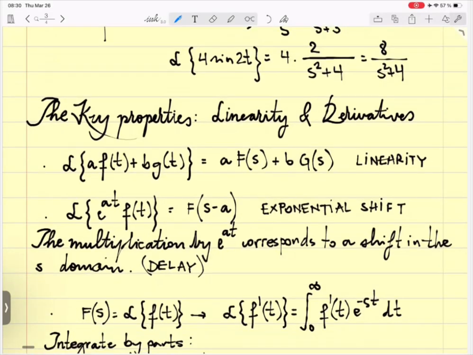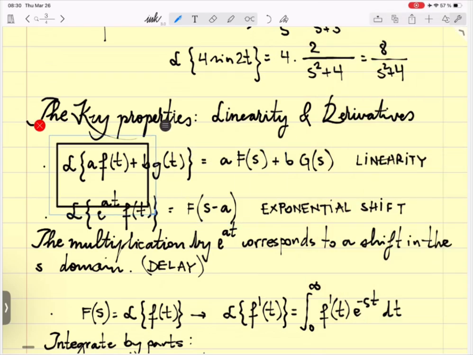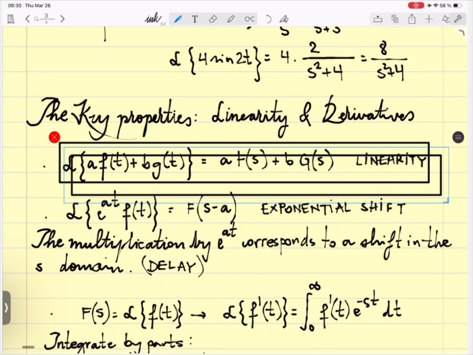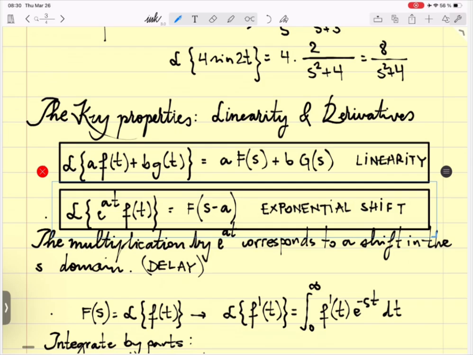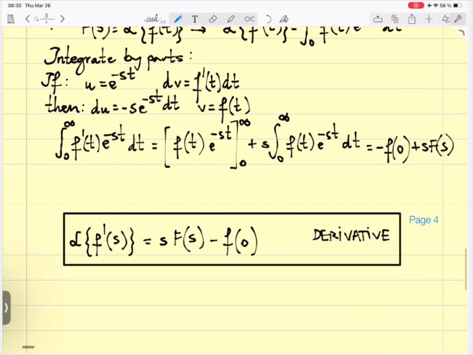I put also boxes in here to make it more clear. Okay.